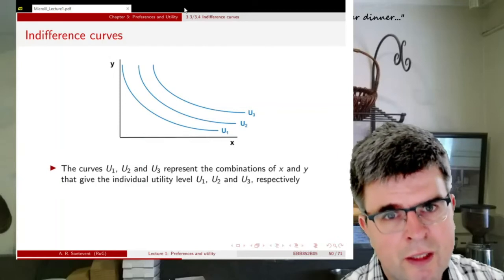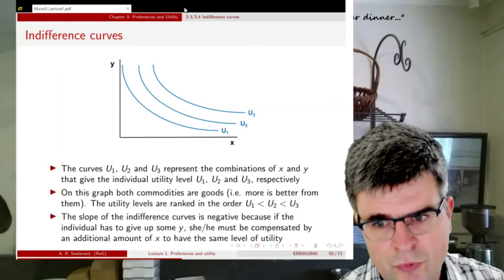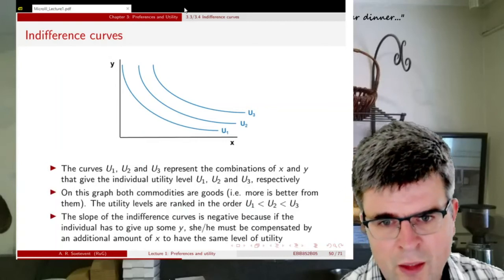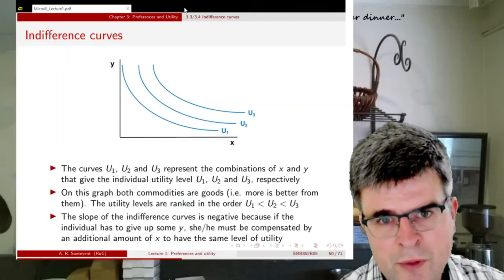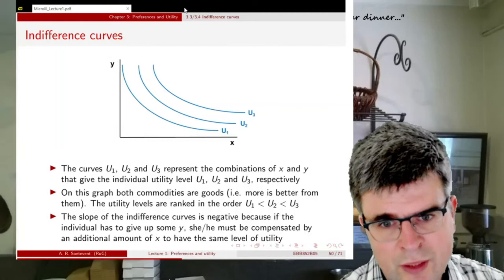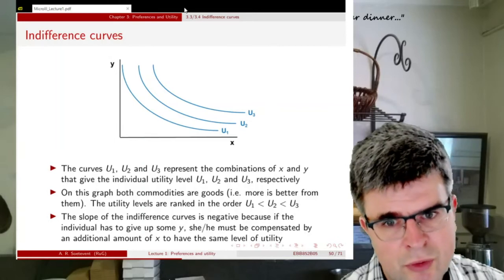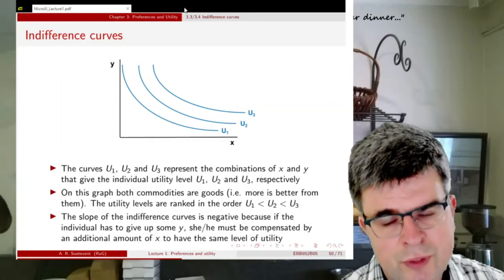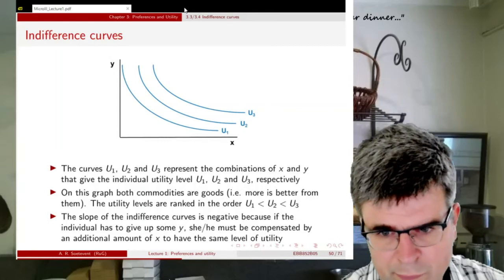The same holds for the indifference curve U2 and for the indifference curve U3. So on this graph, both commodities are good. So people prefer having more of them instead of less. So the utility levels associated with the indifference curves here are ranked: U3 is a higher number than U2, and U2 is a higher number than U1.